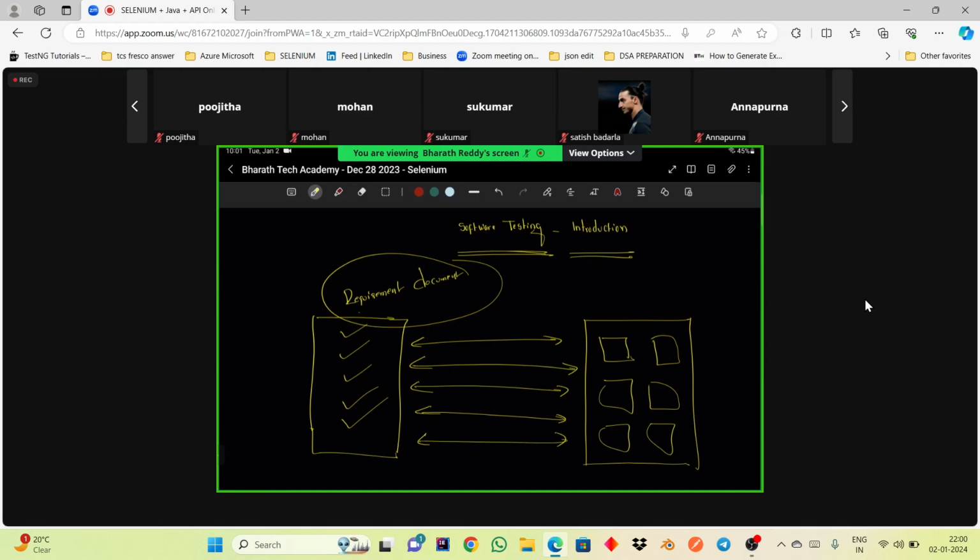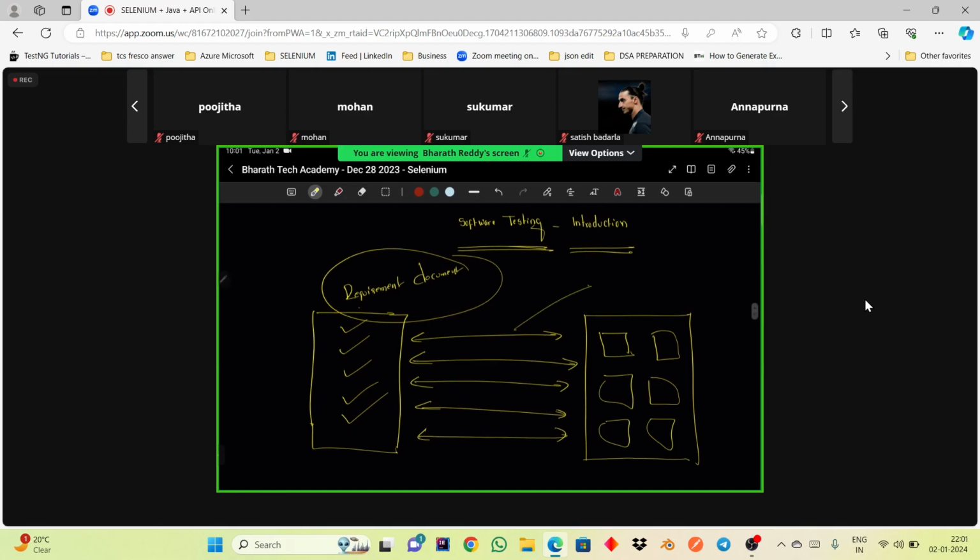Got it? This particular process we are going to call what? Software testing. Got it, everyone? Comparing the actual product developed by the developer with the requirements provided by our client is the overall concept of software testing.